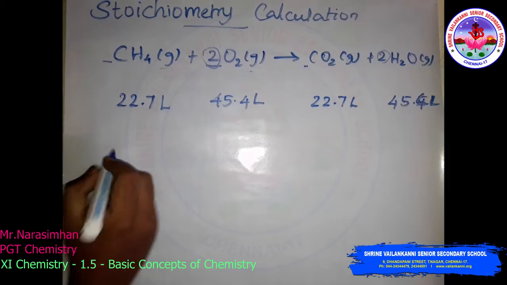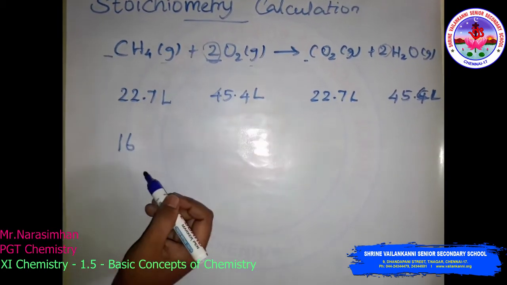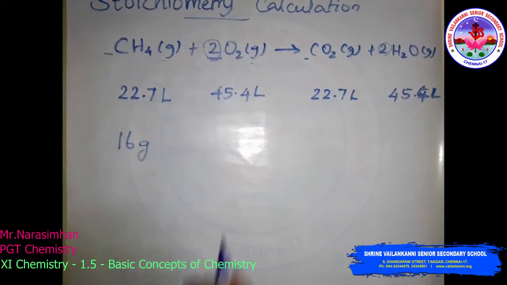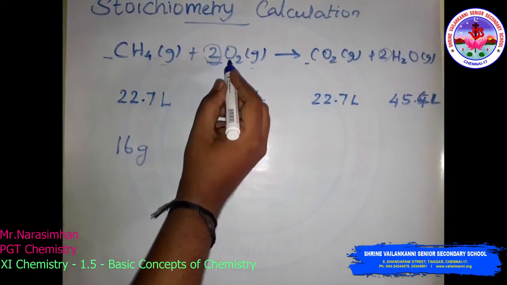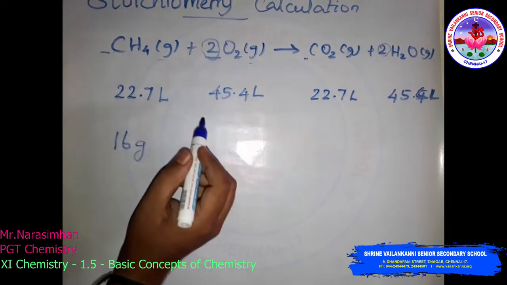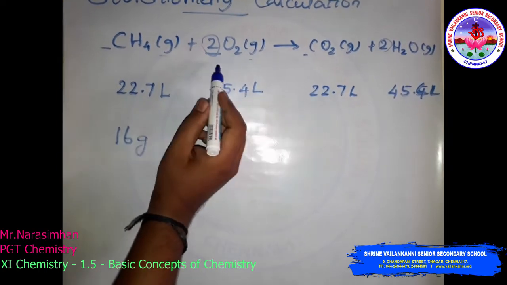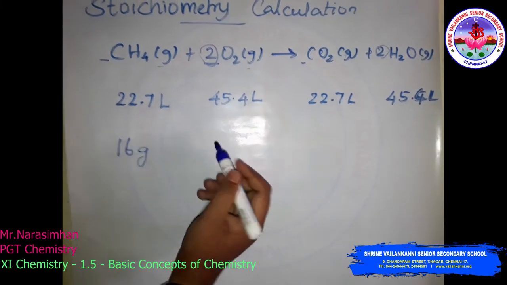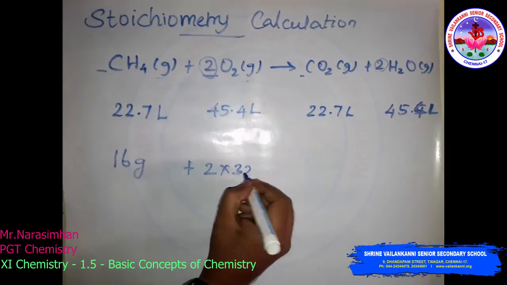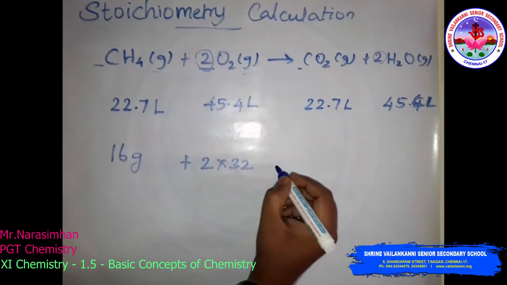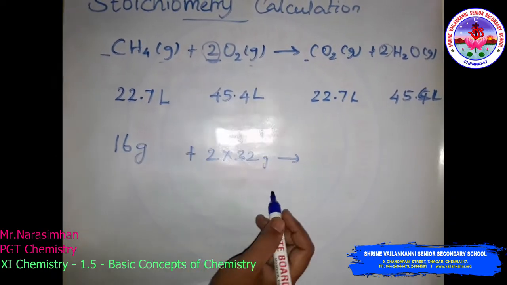Or by mass, that means molecular mass. Methane has 16, so by mass means you have to use gram. 16 gram of methane gas reacts with oxygen, that is O2, 2 into 16, 32, so 2 into 32 gram of oxygen.